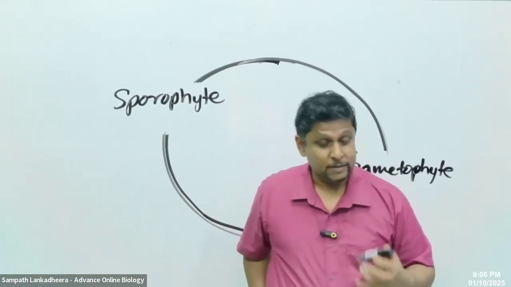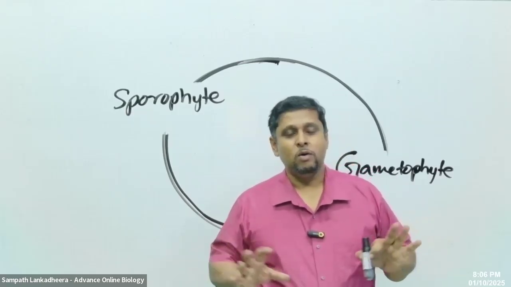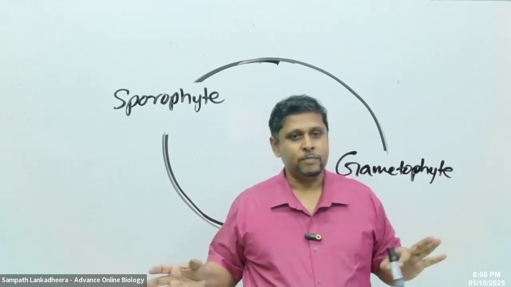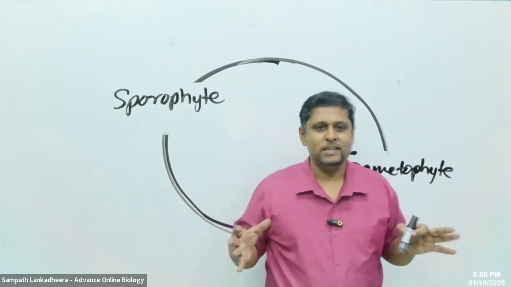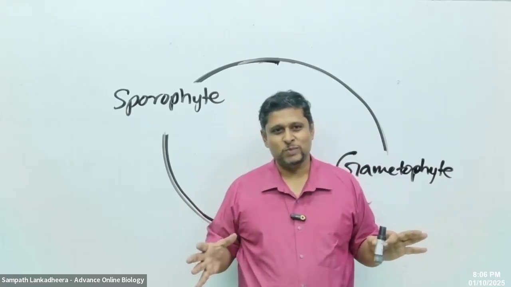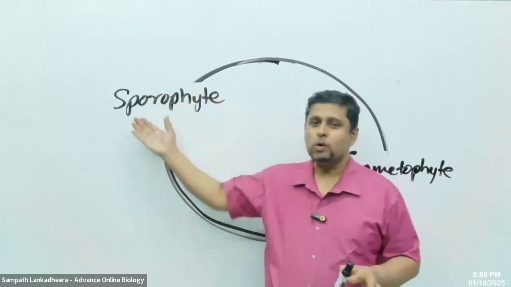Now, people, plants or any advanced organisms have the 2N condition, because the 2N state is where you have homologous chromosomes, which you call diploid.